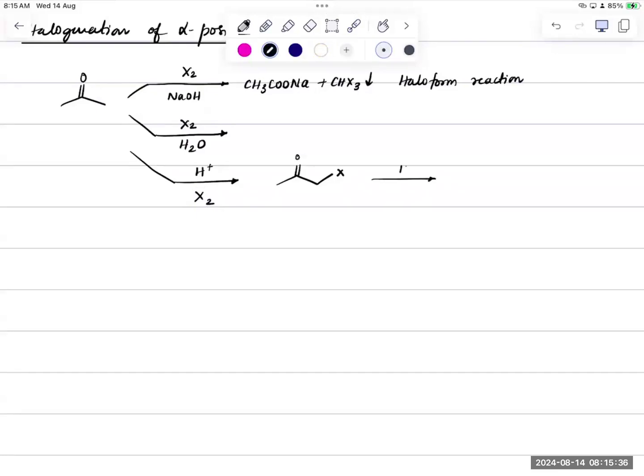That is, if you follow the reaction again, you will get X here and X here. Again, you will not be asked too much of the reasons for it. My suggestion is just remember what happens in acidic medium and what happens in basic medium. Guys, clear?